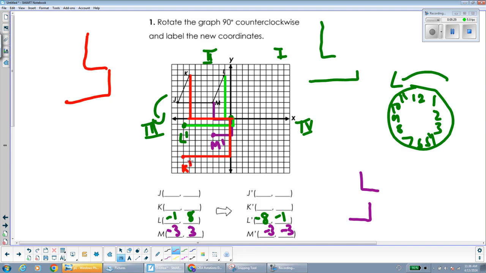The original point K was negative 7, 8. And now our rotated point K is negative 8, negative 7.